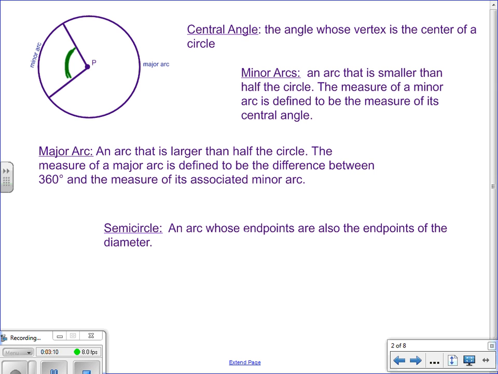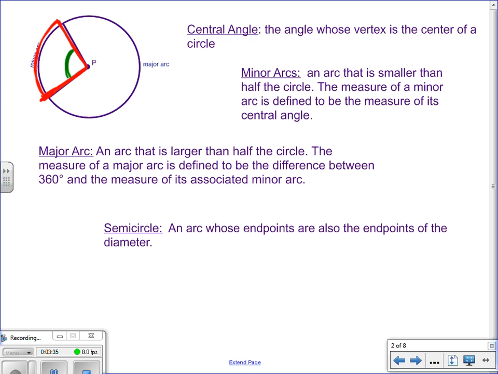One thing with arcs, because they're essentially formed from this angle. If I were to literally trace this angle, I hit point P, I go around, and without picking up the pen, I can curve around that arc. So when I talk about the measurement of an arc, I'm talking about the degree that it's formed by.